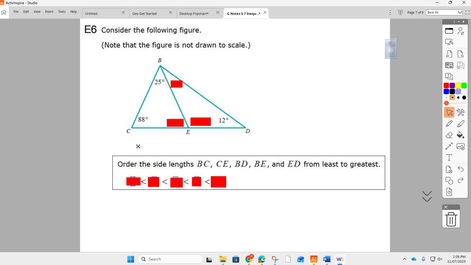If this plus this equals what, Jasmine? How many degrees are in every triangle? No? How many degrees in every triangle, Yuri? Nisha, how many degrees are in every triangle?